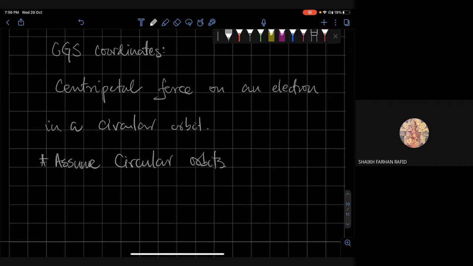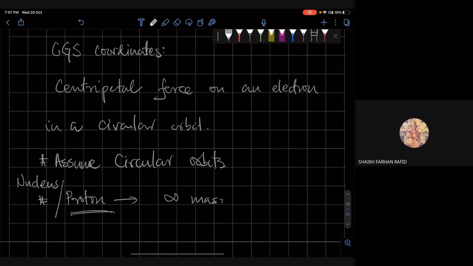We also assume that the proton does not move. Okay. So if the proton does not move, that then means that the nucleus, sorry, I should say nucleus, it's only the proton in the case of hydrogen atom, has infinite mass. Okay.